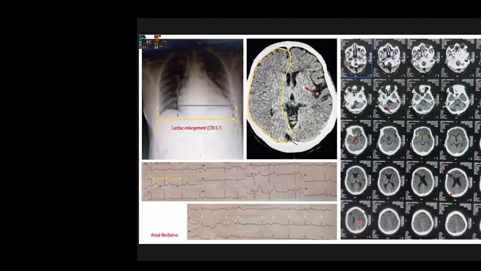Left side of the brain, subcortical area. Meron din diyang mga hypodensities. Kita mo? Yes po, Doc. Can you hover your laser pointer over them? This one po, Doc. Hindi, left hemisphere. Kita mo? Yan. O sige, nasan yung isa pa? Yon, yung isa pa.